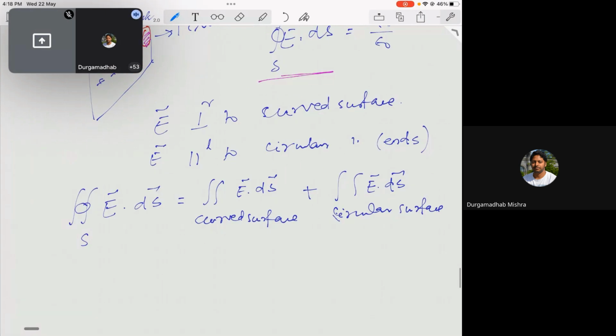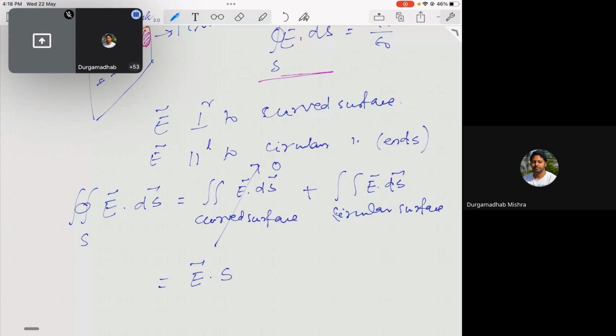Now, since this electric field is always perpendicular to the area vector that we are defining, this E dot dS will always be 0. So the first term will always be 0, and what we are left with is the second term only, and the second term is nothing but E dot dS.